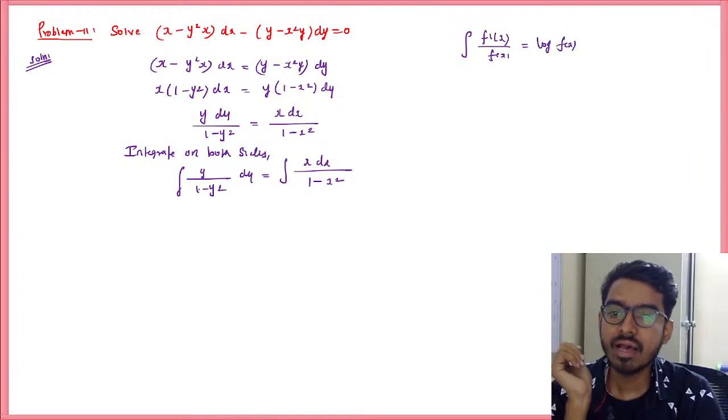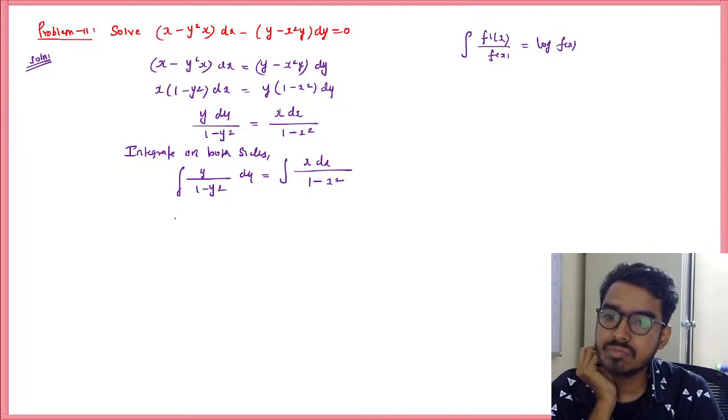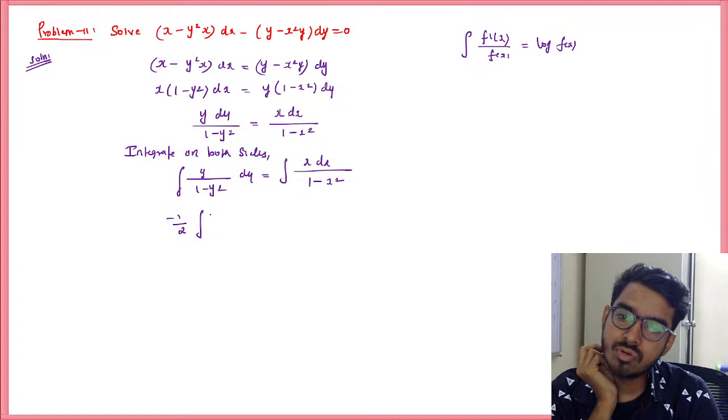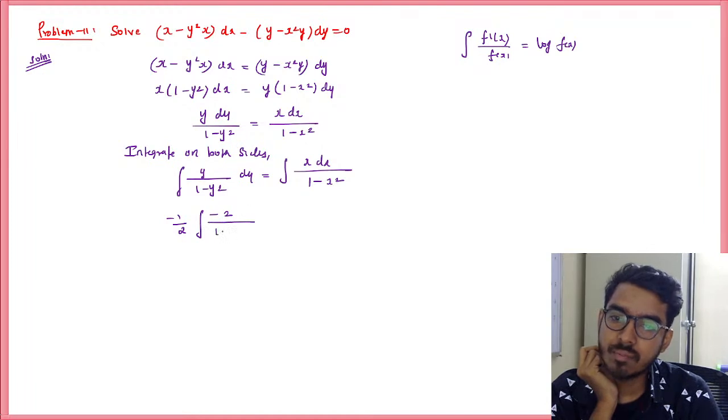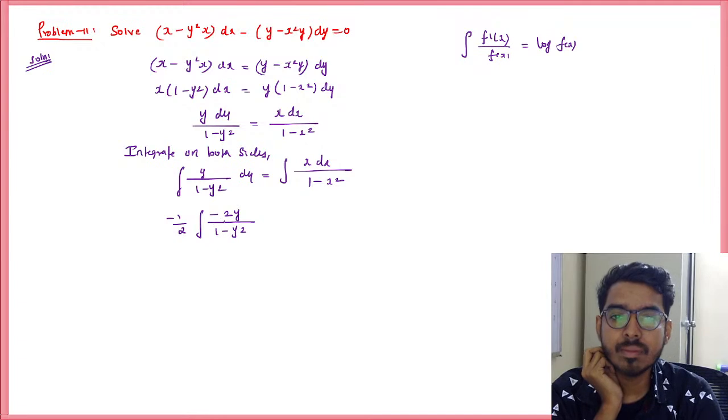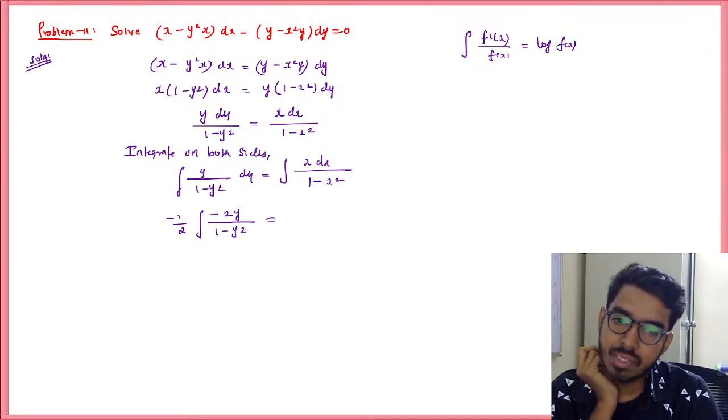You can see the derivative of 1 minus y square is minus 2y, but this minus 2 is missing here. So let us multiply and divide by minus 2. Again, here also, I'm going to multiply and divide by minus 2.